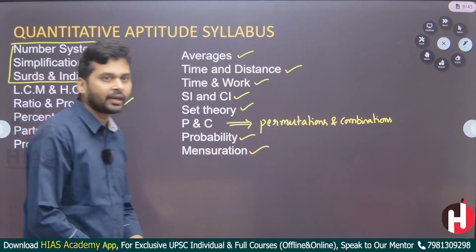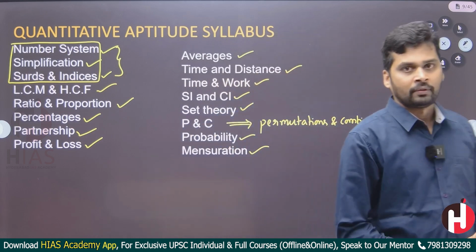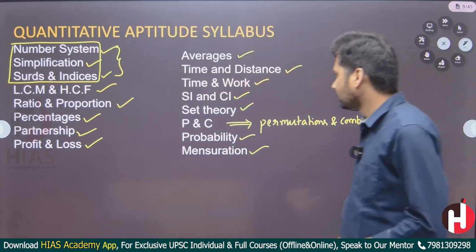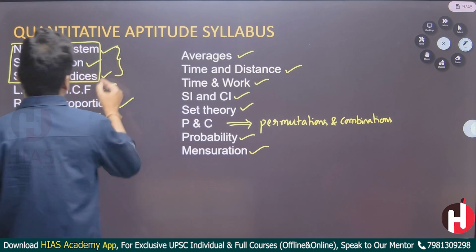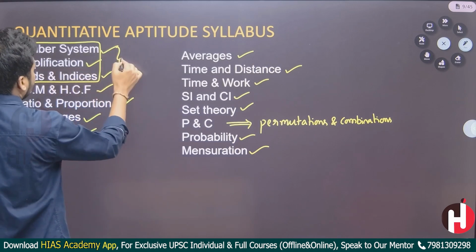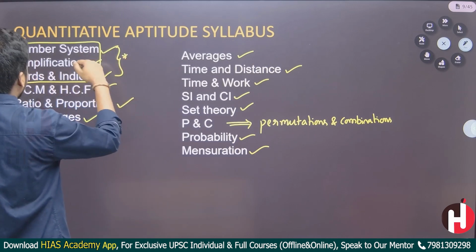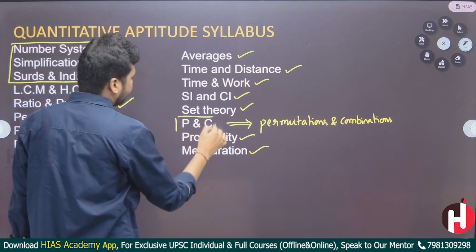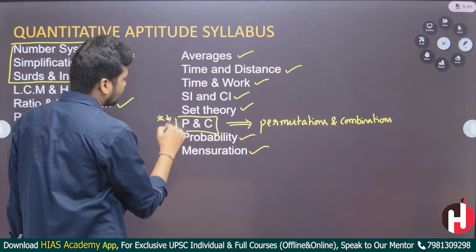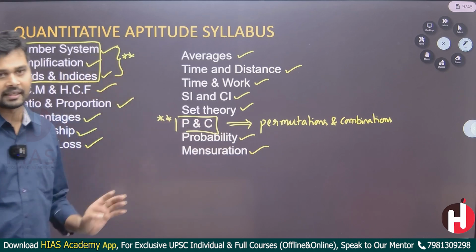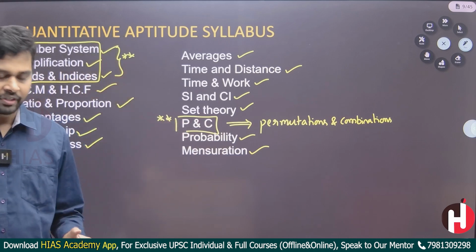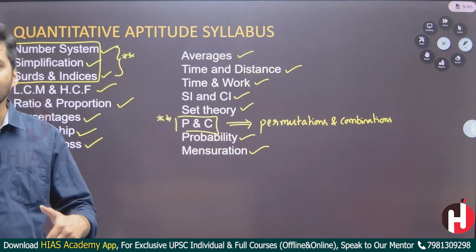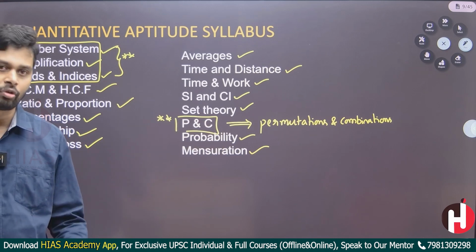Mensuration means finding out the areas and volumes. Out of all these topics, this is considered as one topic, number systems. And number systems and PNC, permutations and combinations, are the most important topics in CSAT. As I already mentioned, almost 40 to 50% of the weightage is given to these two topics.